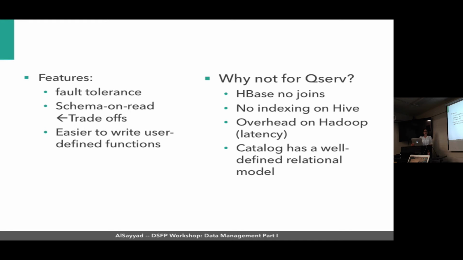But the most important reason from my perspective is that the photometry catalogs already have a well-defined relational model, and why would you want to throw that away for a more flexible system when you already have very well structured, strict outputs from the science pipelines?